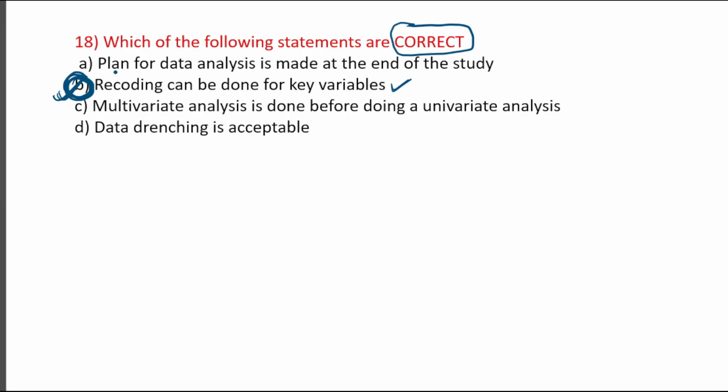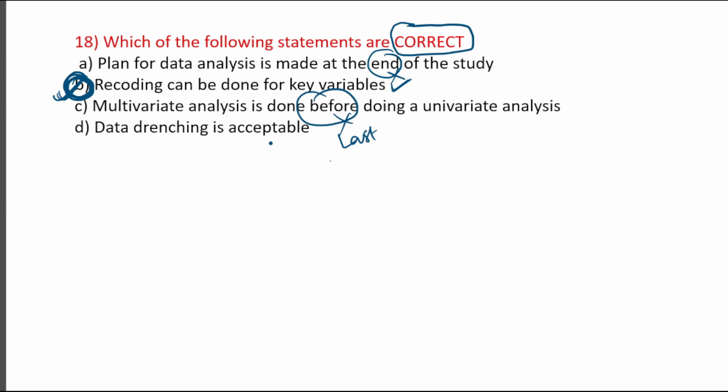Let us see the rest of the statements. Plan for data analysis is made at the end of the study. So this is wrong. It is not done at the end of the study. Second thing, multivariate analysis is done before doing a univariate analysis. No, even this is wrong, because we have seen multivariate analysis is the last step in the analytical type of analysis. We have seen this previously.